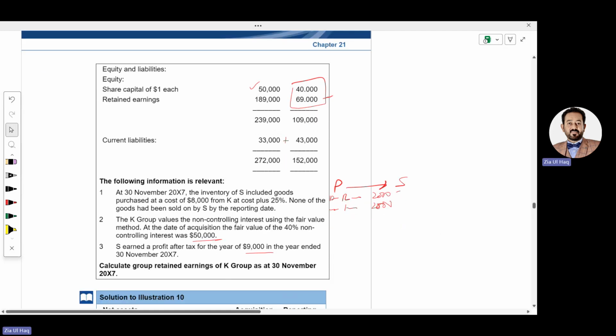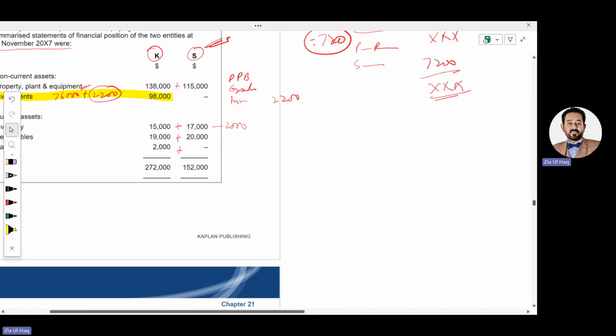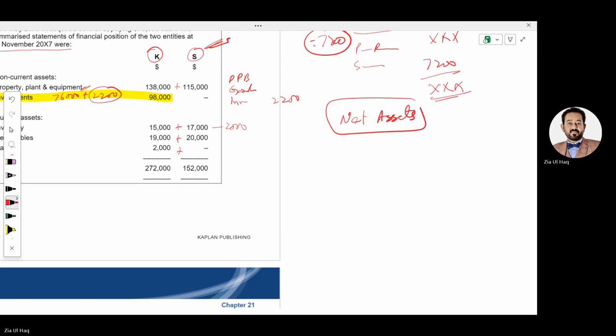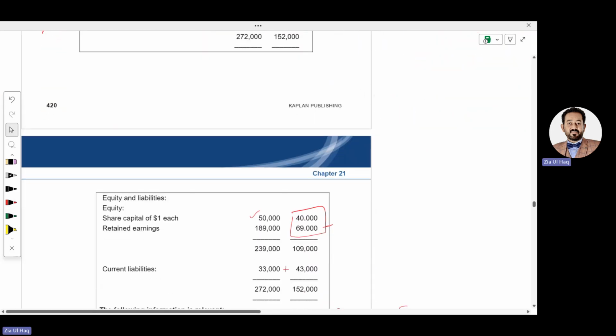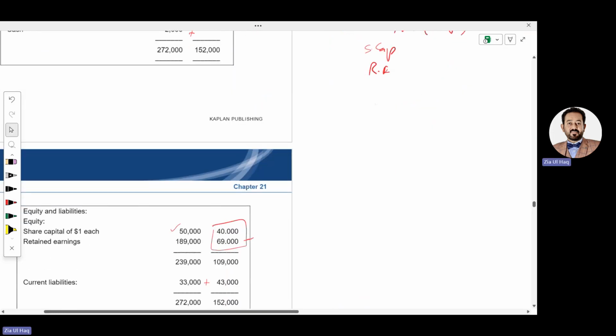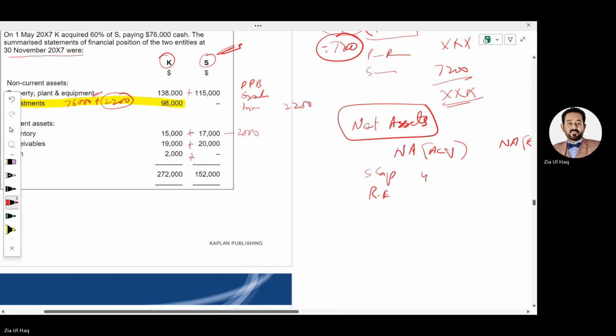Calculate group retained earning of K group at 30th November 20x7. If we move towards preparing the consolidation statement, first we need to calculate net assets: net assets at the date of acquisition and at the date of reporting. There are only two figures available, share capital and retained earnings. Share capital is 40,000, which remains the same on both dates.